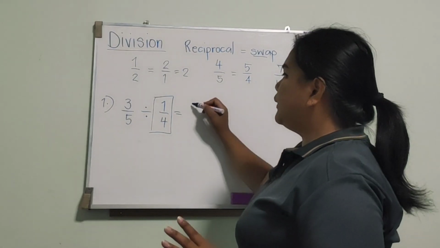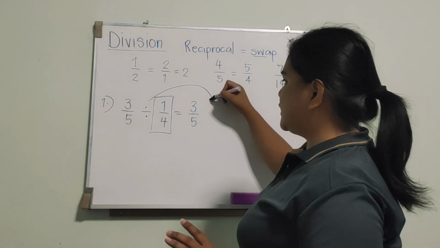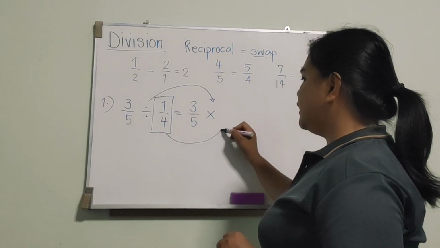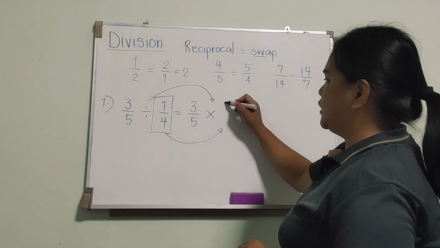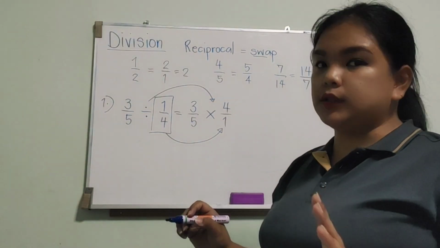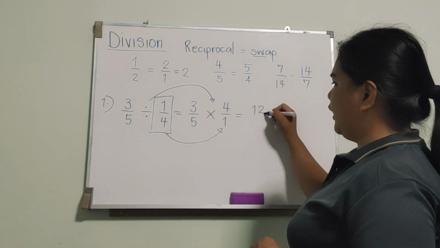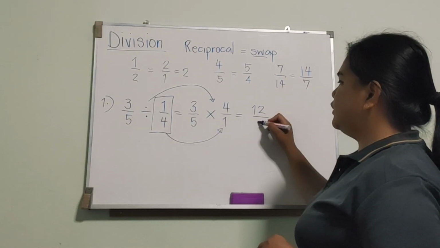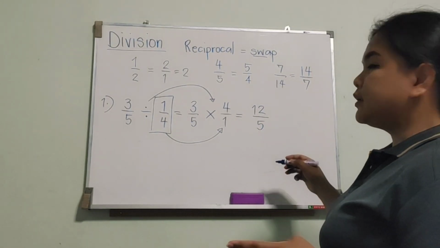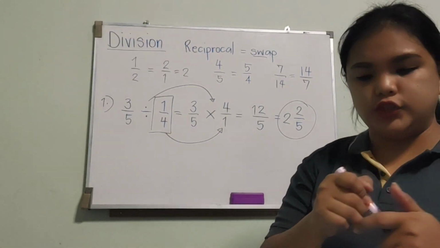So in division, you always copy the first number, change the sign into multiplication, and then get the reciprocal of the second number, which is 4/1. After that, you do the multiplication. 3 times 4, you will get 12, over 5 times 1, you will get 5. Change the improper fraction to a mixed fraction, you will get 2 and 2/5. And that is the answer.